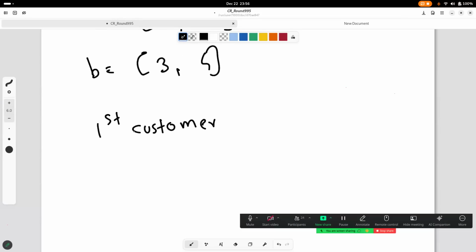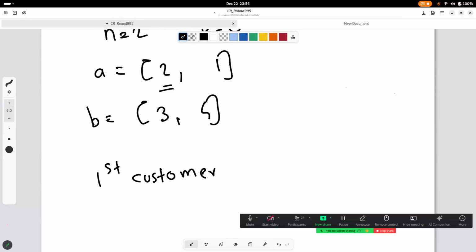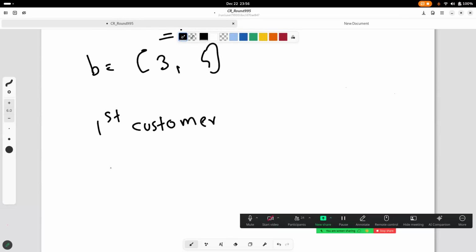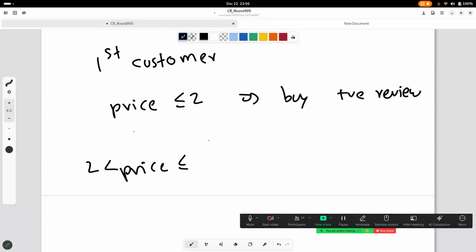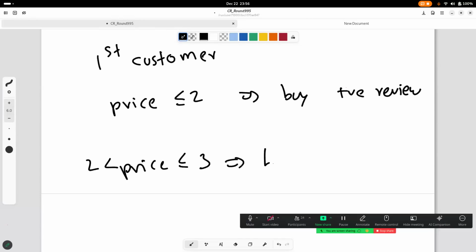What the first customer says is he has A of I equal to 2, so this means that if the price is less than or equal to 2, then the first customer buys it and he leaves a positive review. If the price is greater than 2 and less than or equal to 3, he will buy it and leave a negative review.